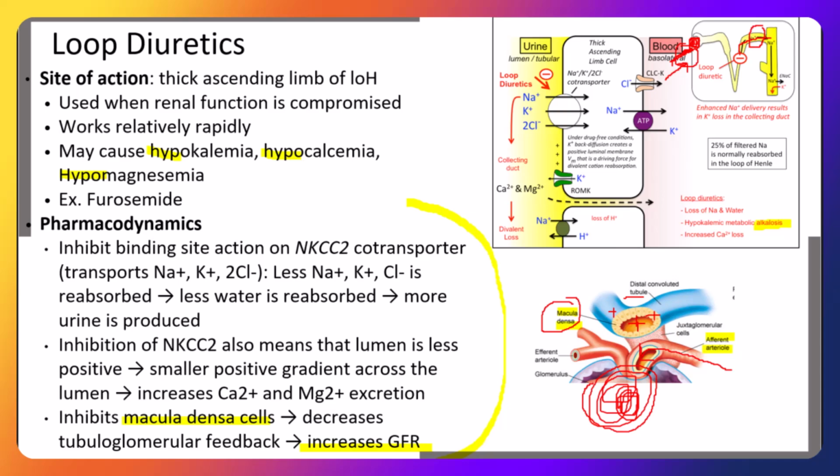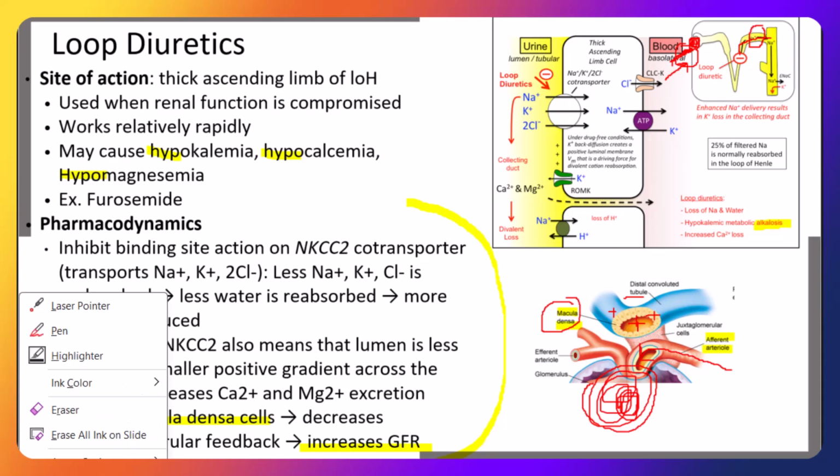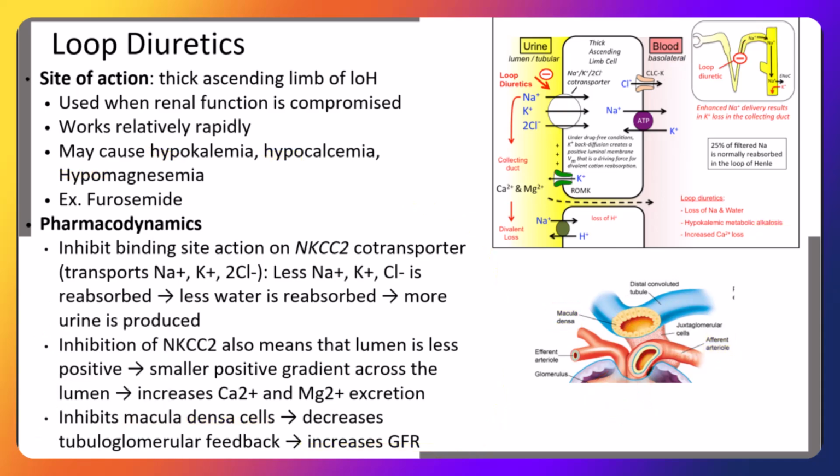And so it's going to be very important that people that are on loop diuretics, especially if they're on it long term, that all of these things need to be monitored. You need to monitor ion concentration and ion loss and stay on top of this and supplement as necessary.